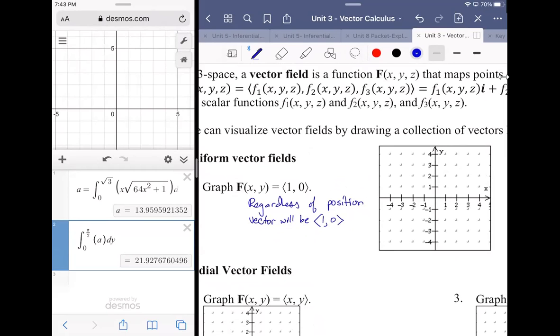But if we're talking about hiking, like you have a topographical map, you're trying to equate that to physical exertion, you would be saying, okay, regardless of where I am, the level of exertion is going to be represented by a vector 1, 0, whatever that means, right?